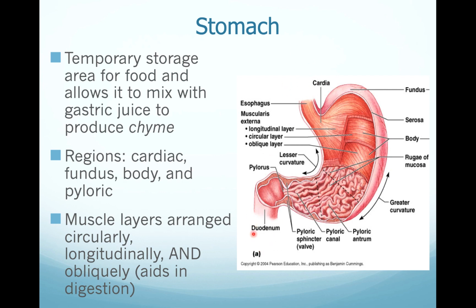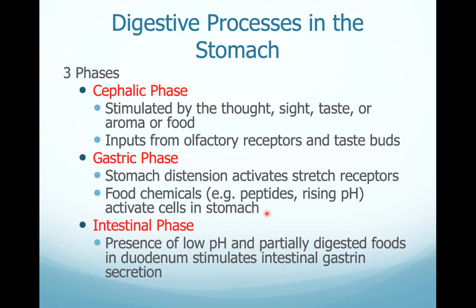Anything in the small intestine is slightly basic, in fact. So when food from here that's acidic, called chyme, goes into the duodenum, which is the small intestine, that small intestine is going to sense the presence of acidic chyme inside of it. The presence of the acidic chyme, the low pH, is what's going to activate the intestinal phase.